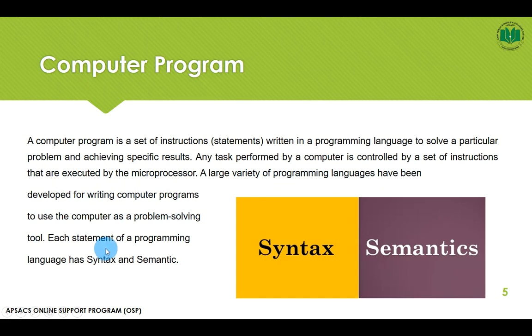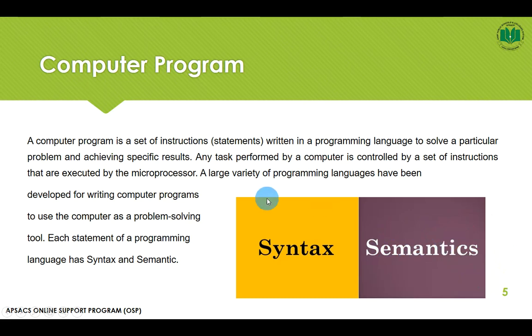Each statement of a programming language has a syntax and a semantic. A computer program basically has two parts, the syntax and the semantics. Syntax is the grammar of the language, what we have to do and what we must not do, and semantics is the meaning of the words, what we are going to do in the programming language.